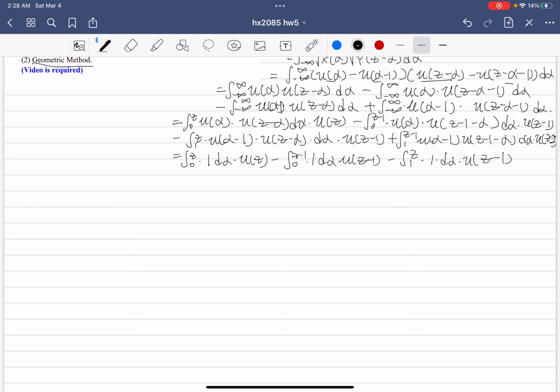The last part is we need to add the integral from 1 to z minus 1 of d alpha times u(z minus 2).